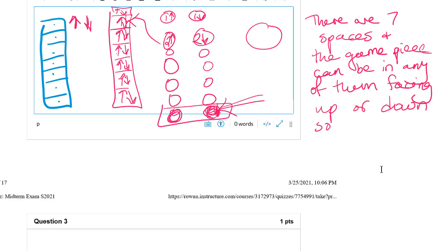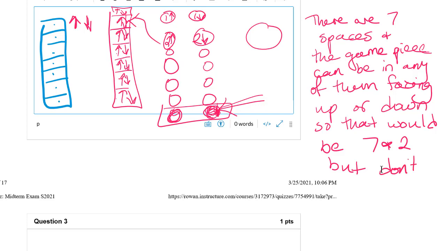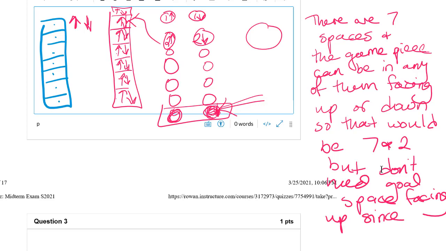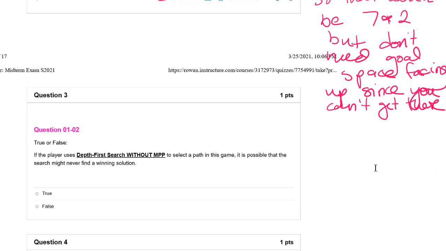Most people said so. That would be 7 times 2, but you don't need the goal space facing up, since you can never get there. That would have gotten you full credit. So 7 times 2 minus 1 is 13. That would have gotten you full credit.